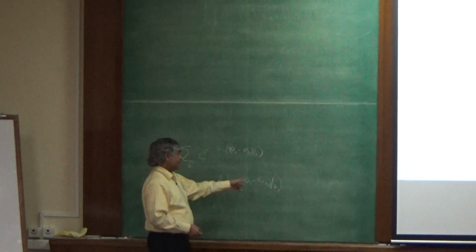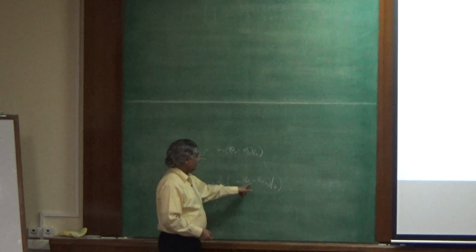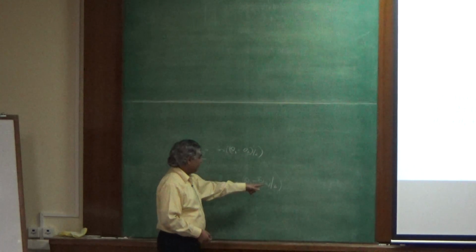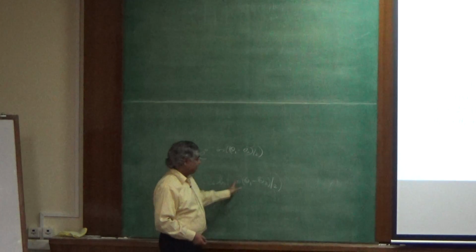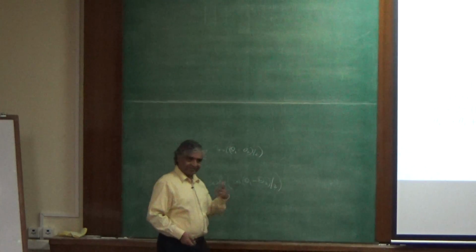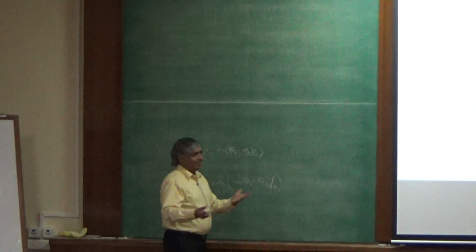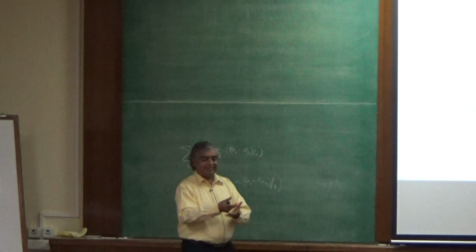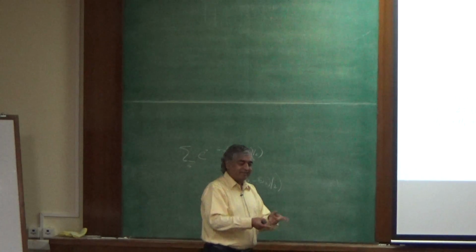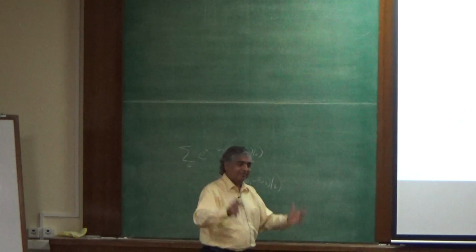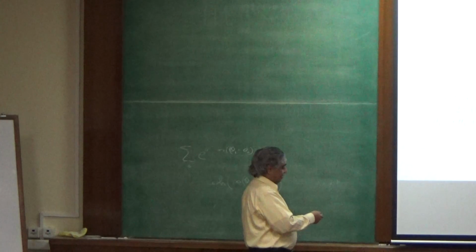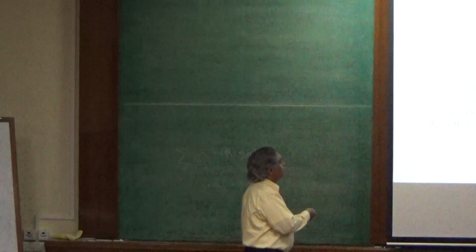This is periodic in theta goes to theta plus 2 pi. But just shift theta 1 by 2 pi. Because this is an even function, it will come back to itself. So it has the right periodicity. It only depends on the angle differences. So it's basically an XY model. Any interaction that's periodic and prefers spins to be parallel is good enough. So it is basically an XY model.